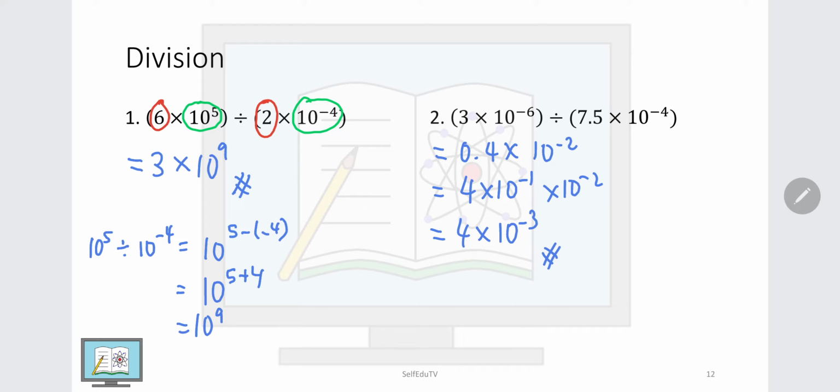Okay, so that's all for division. So actually you can use your calculator to check your answer, but in the exam you still have to show your working.